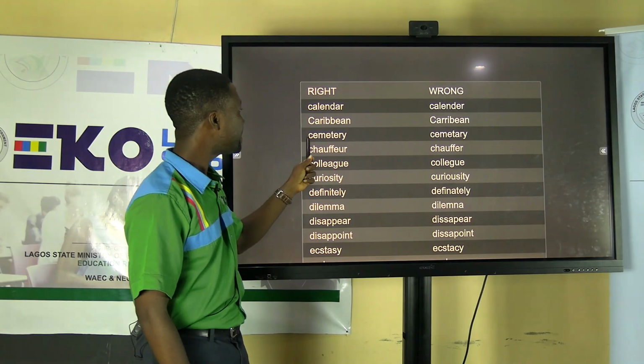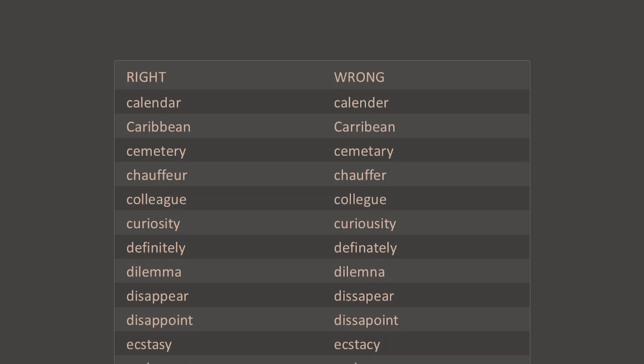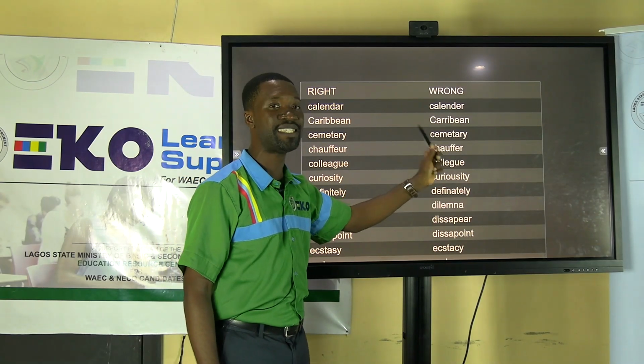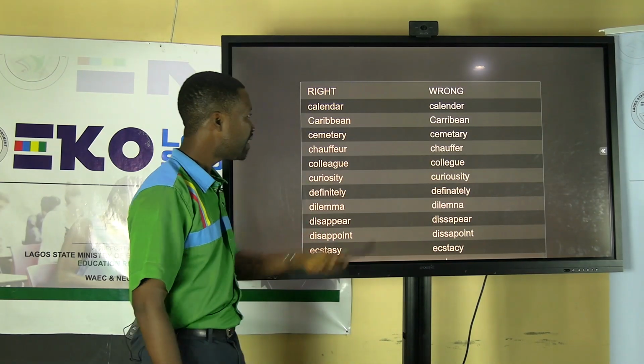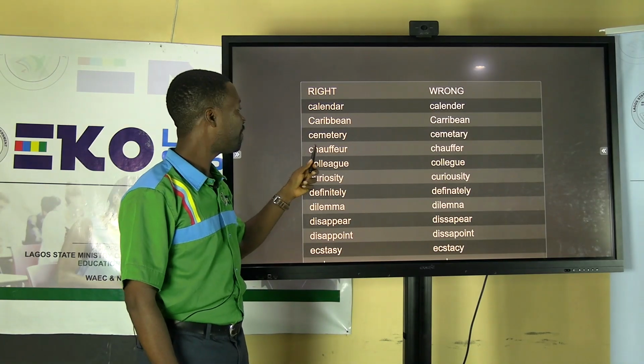The next one, cemetery. It is spelled C-E-M-E-T-E-R-Y, not C-E-M-E-T-A-R-Y. Okay, the next word we are spelling is the word chauffeur.